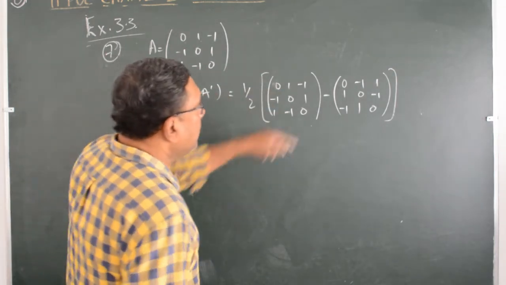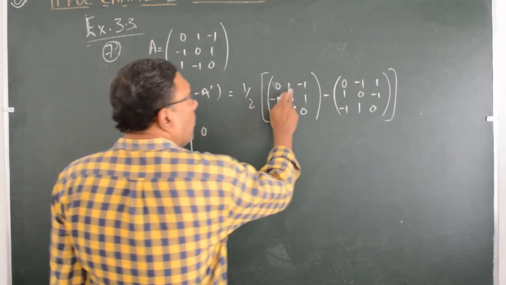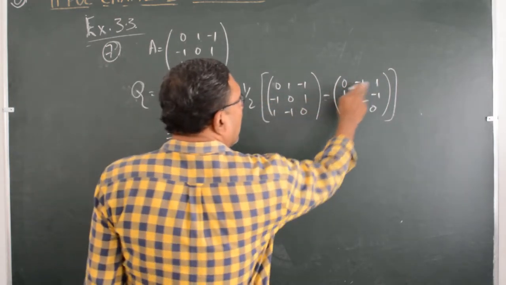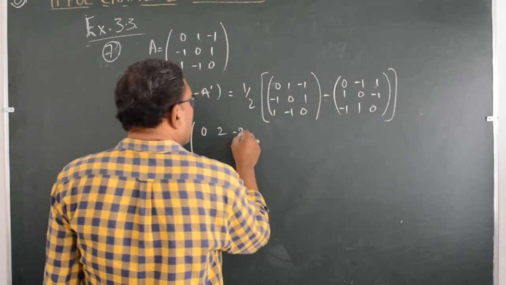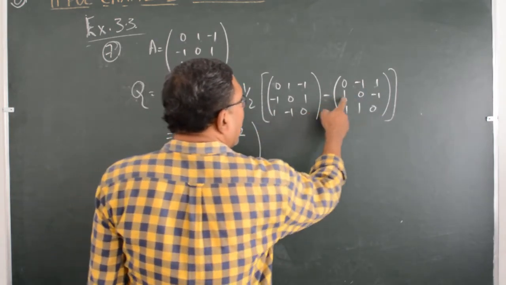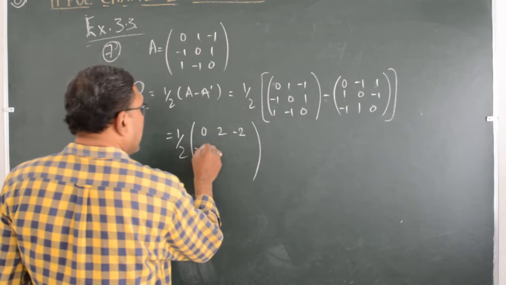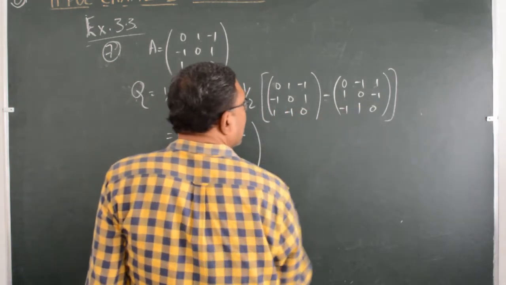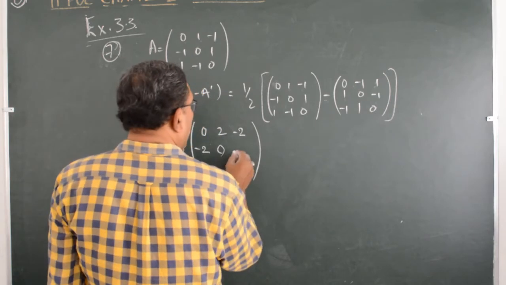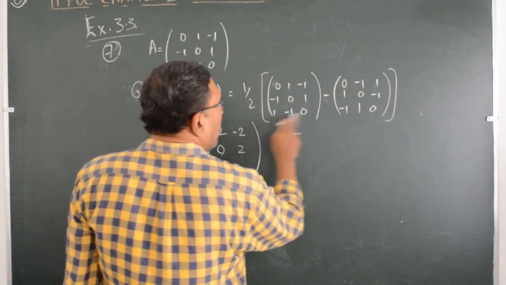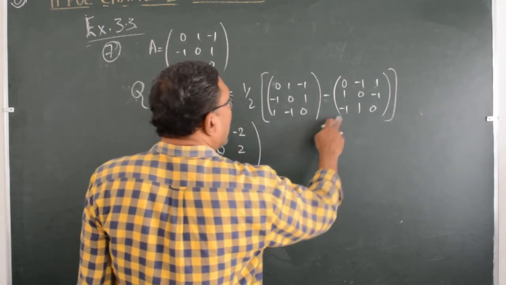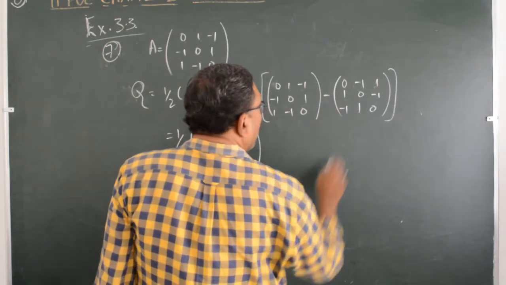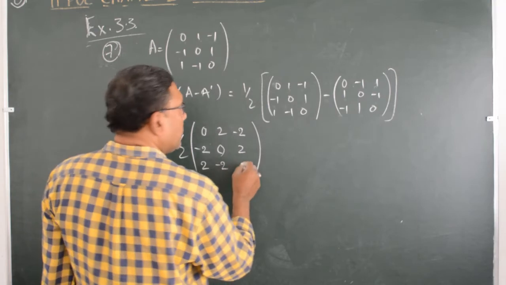0 minus 0 is 0, 1 minus of minus 1 is 2, minus 1 minus 1 is minus 2. Okay, minus 1 minus 1 is minus 2, 0 plus 0 is 0, 1 minus of minus 1 is 2. Then 1 minus of minus 1 is 2, minus 1 minus of minus 1 is minus 2, and this is 0.